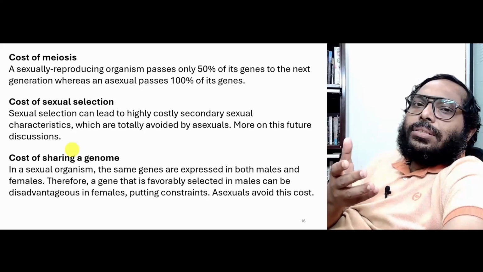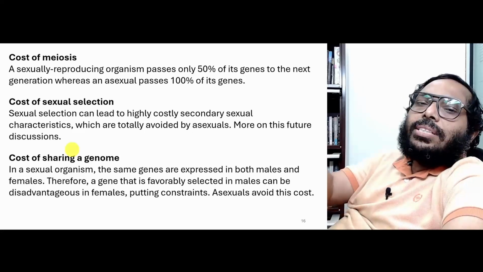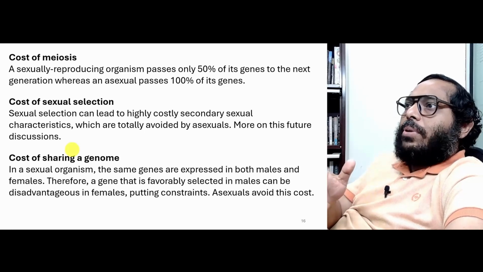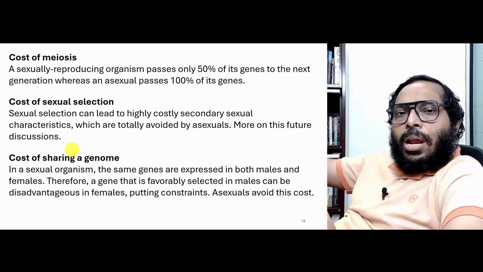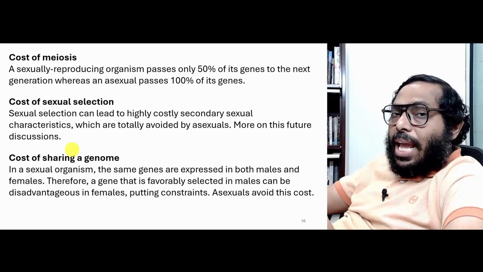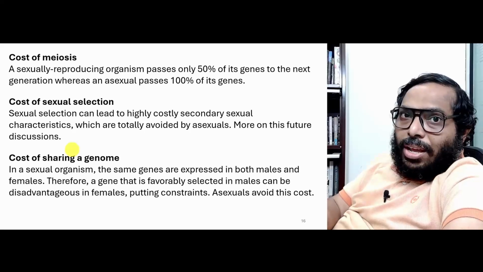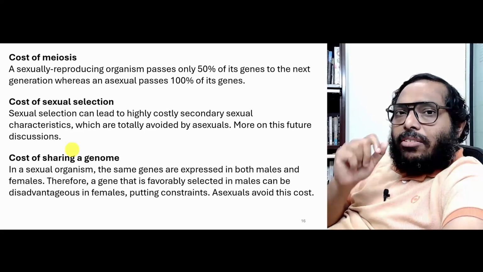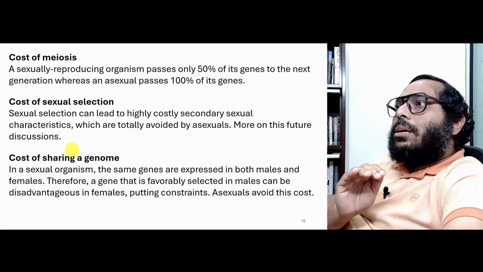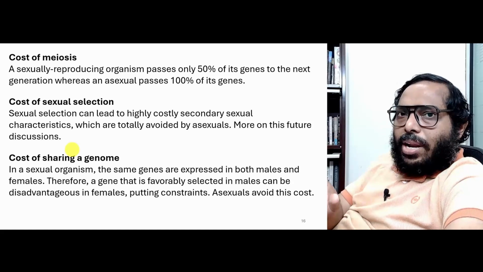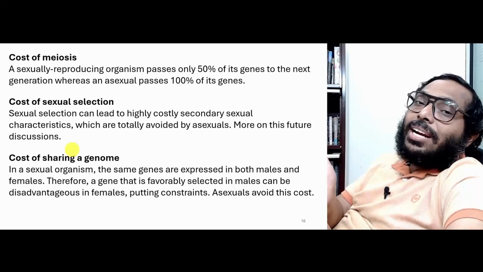Now, what happens when this gene expresses itself inside a female? Inside a female, if it ends up producing a nice long colorful tail, then that actually does not help the female at all. That actually is detrimental to the female because it prevents her from flying properly, but at the same time it does not get her mates.